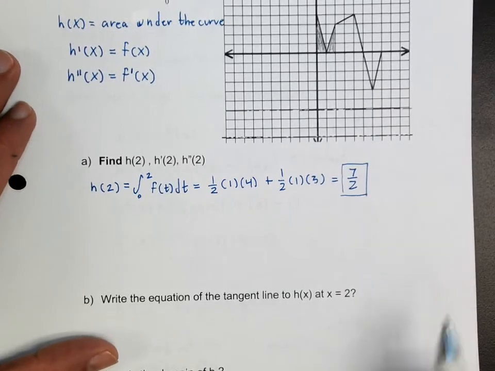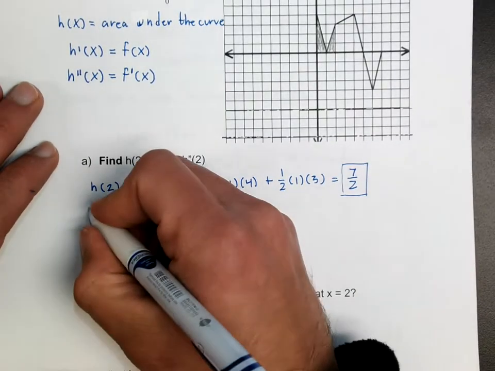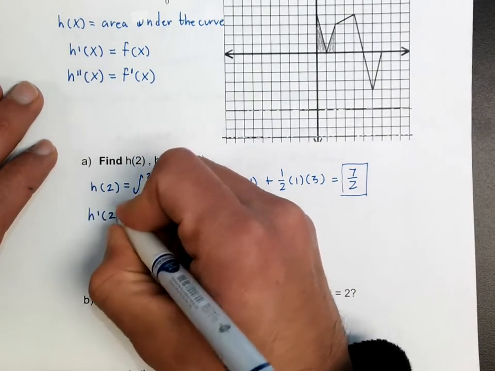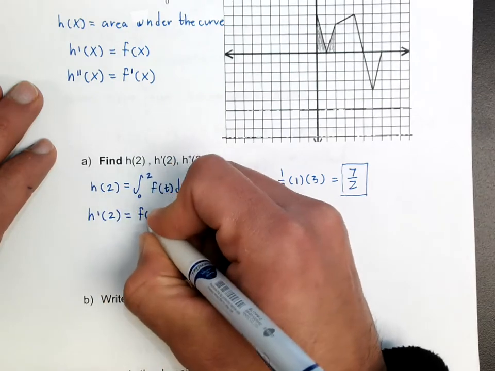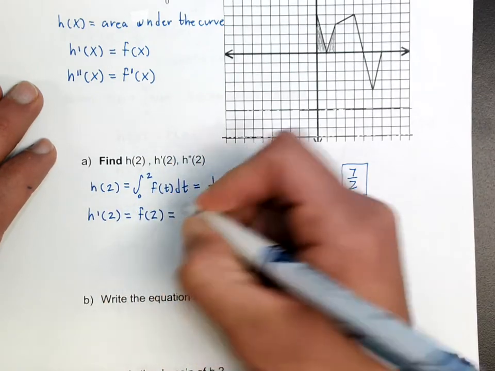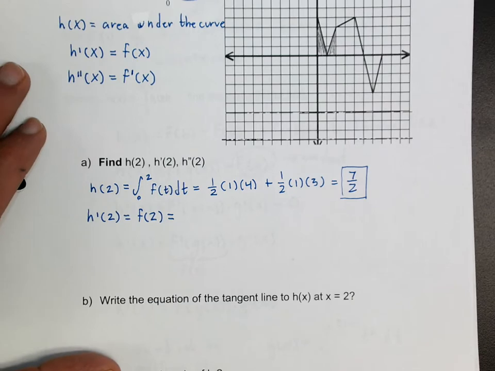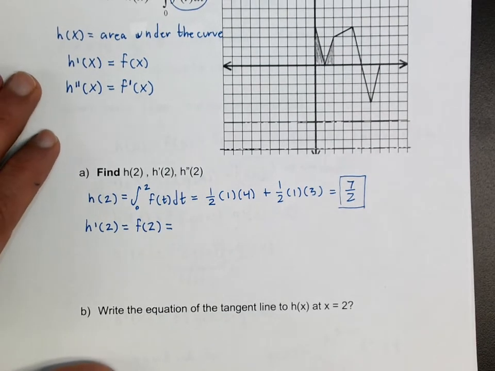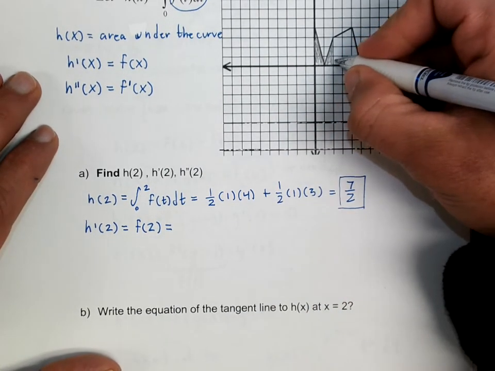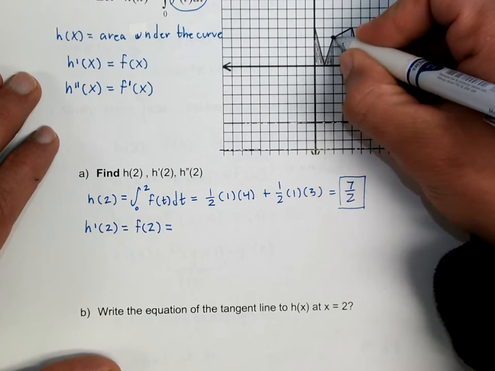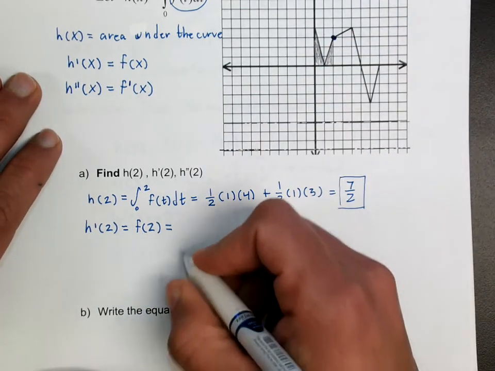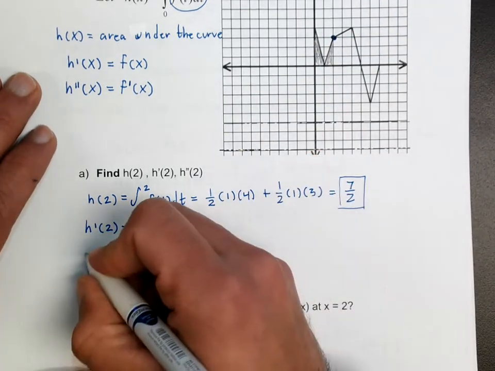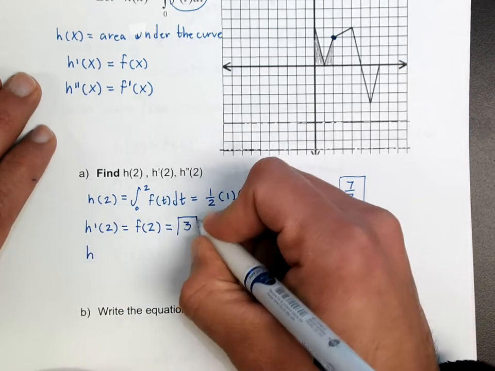With the information that we have, let's see, we have h prime of 2. Remember, h prime of 2 is the same thing as f of 2, so that's really easy because all we're looking for is the y-coordinate at x equal to 2. If x is equal to 2, y is equal to 3. So that's that answer.